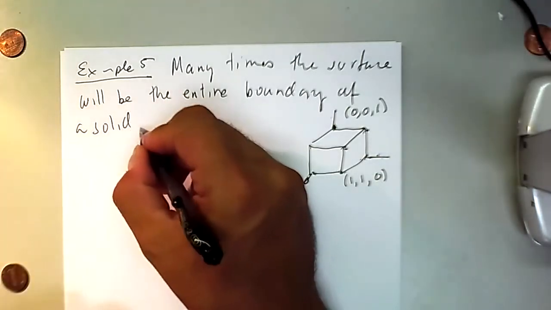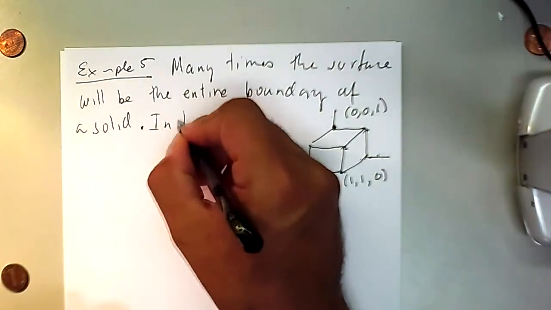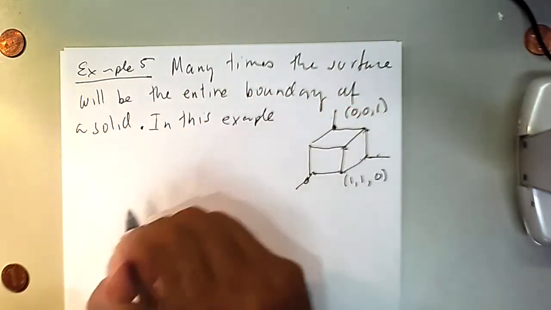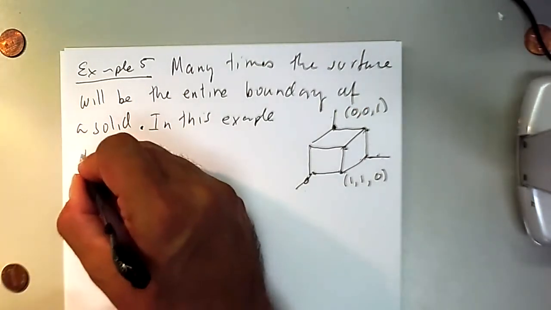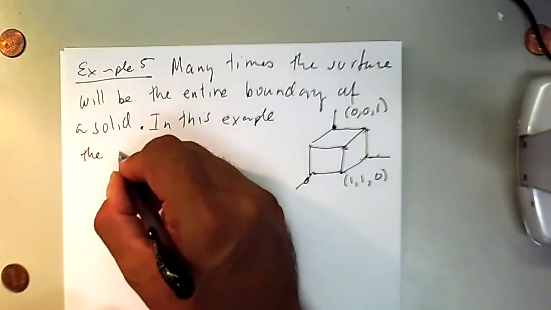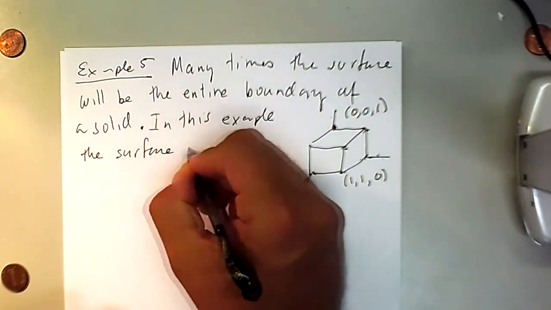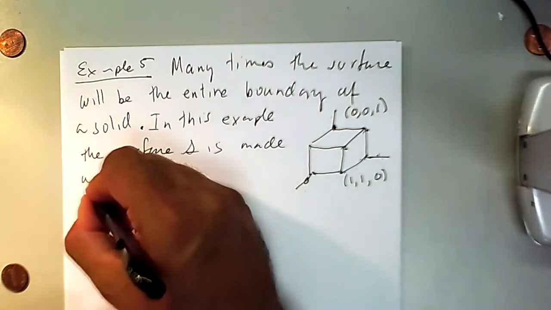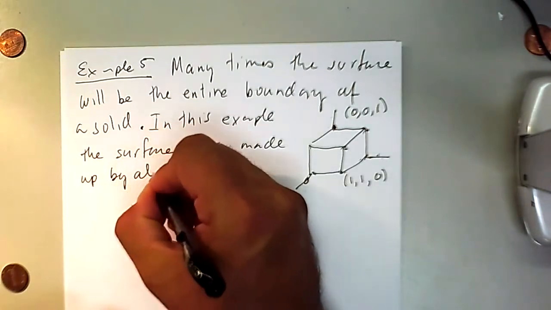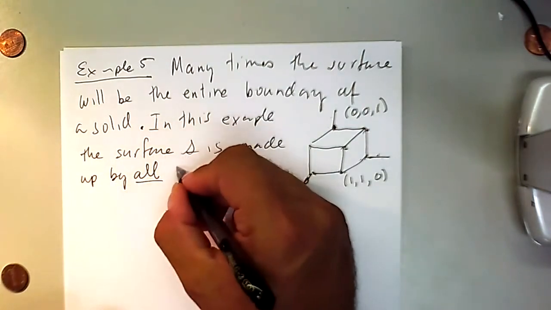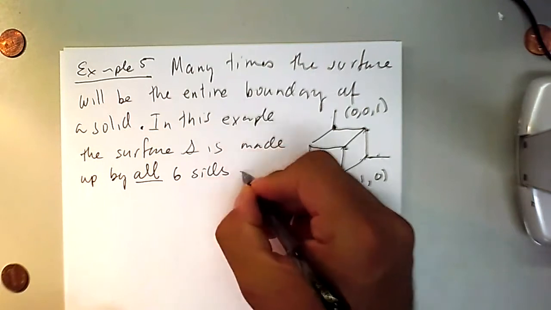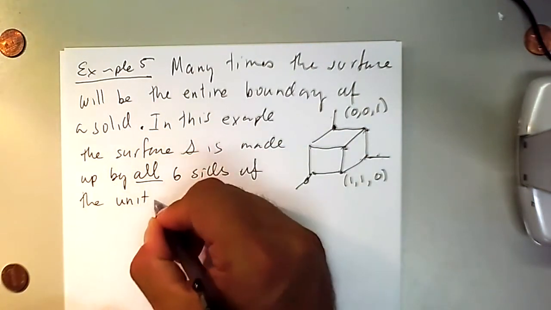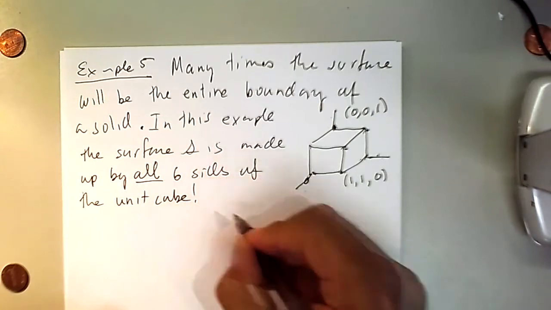So in this example, the surface S is made up of all 6 sides of the unit cube wall.